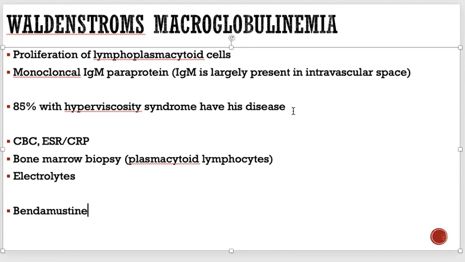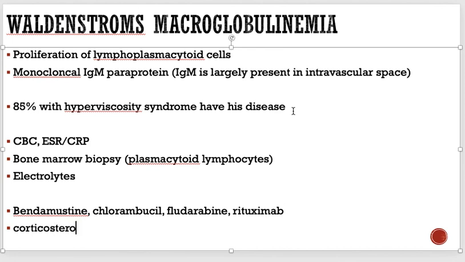Okay, and of course, all these medications are very expensive. So bendamustine can be given, and you can give other cytotoxic drugs like chlorambucil, right? Fludarabine can be given. Okay. Rituximab can be given. Okay, and any combinations can be given as well.